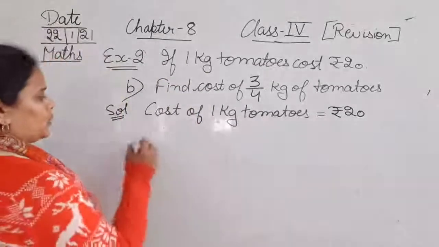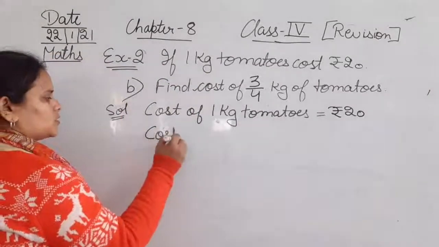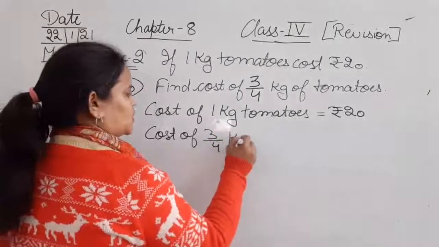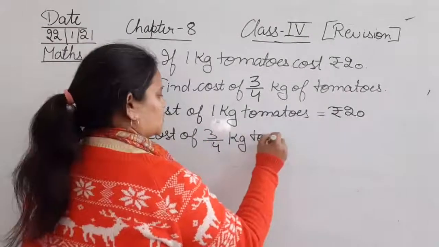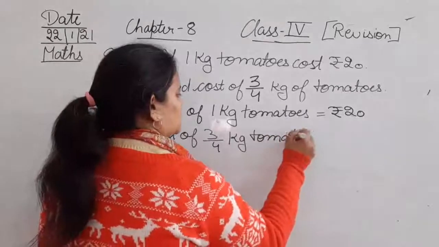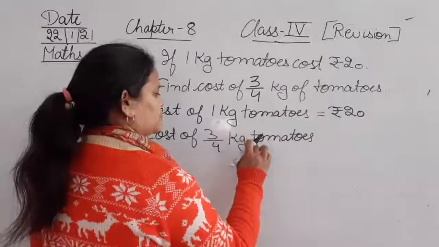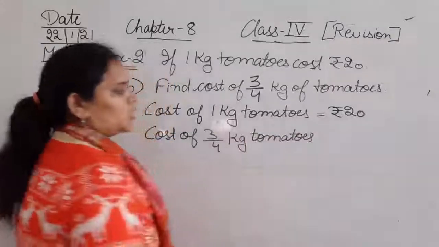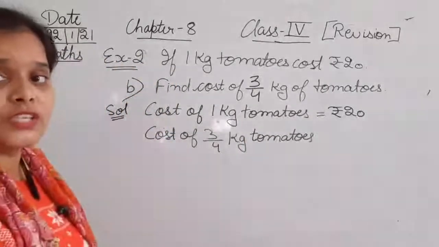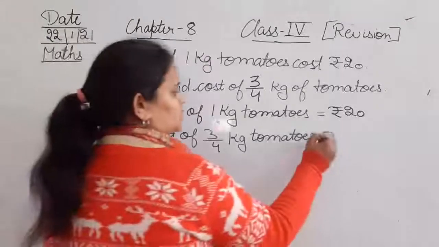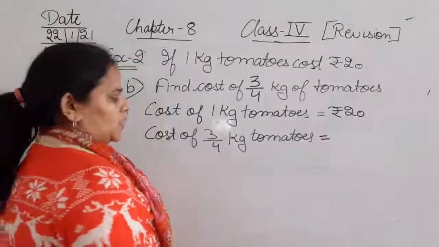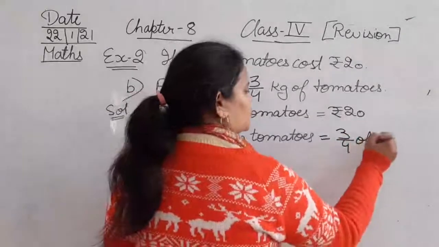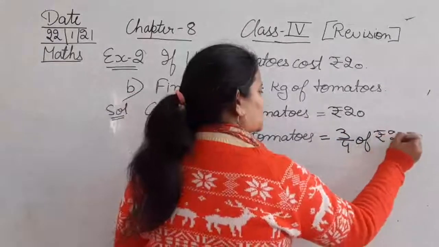Okay, now we have to find the cost of 3/4 kg tomatoes. हमें 3/4 kg tomatoes जो है उनकी कॉस्ट ढूंढनी है. Okay, we have to find the cost of 3/4 kg of tomatoes. That means we have to find 3/4 of rupees 20.